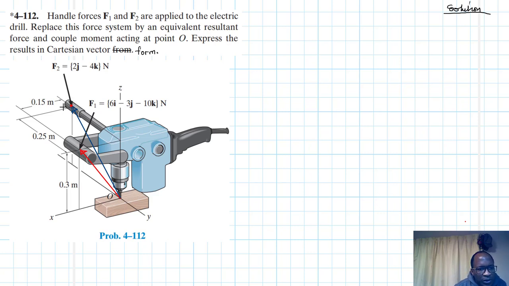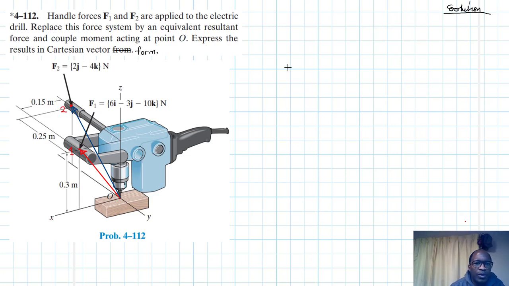We name this point here as point 2, we name this point here as point 1. I just want them to match with the forces, F2, point 2, F1, point 1.